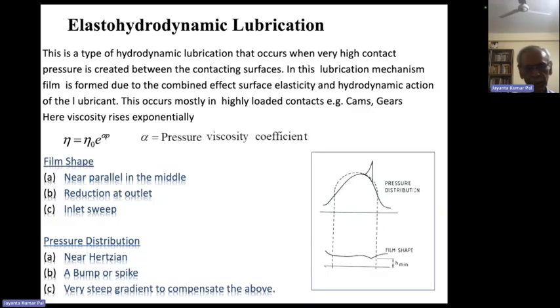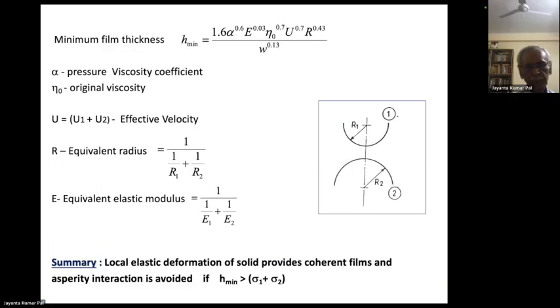So we go to this minimum film thickness point again, because this minimum film thickness is an important issue here. Dowson and Higginson came up with an equation which is in terms of the elasticity and other parameters.